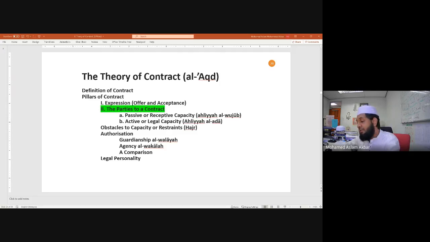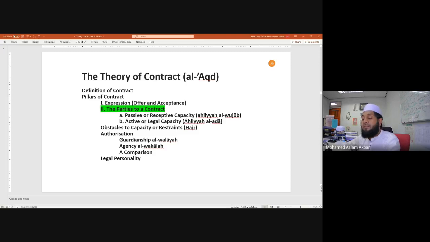When Sharia prohibits a minor from selling something, it's because Sharia wants to protect the interests of the minor. When Sharia stops anyone from buying from a lunatic or from someone who drinks alcohol, that's because Sharia wants to protect the interest.